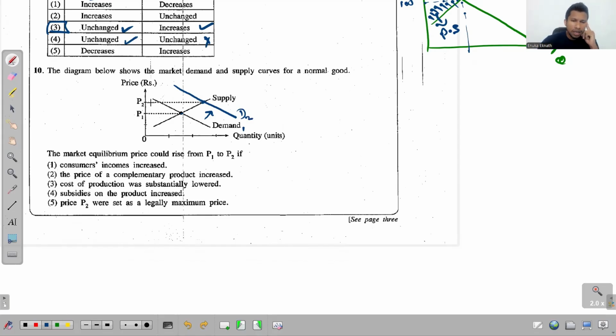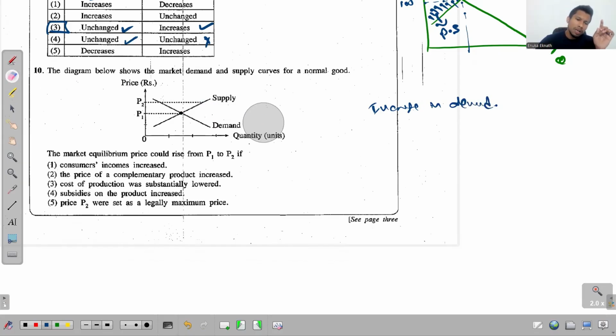So is it the only possible reason for this change in equilibrium price? No. But before I show you the other one, let me write this one here. One possible reason is demand increase, or increase in demand.